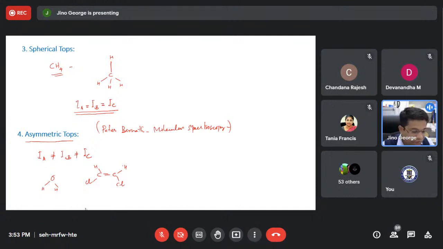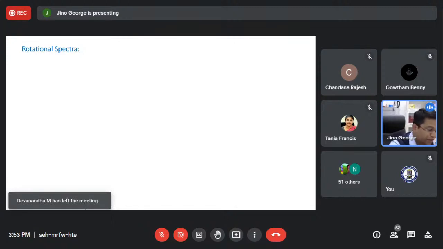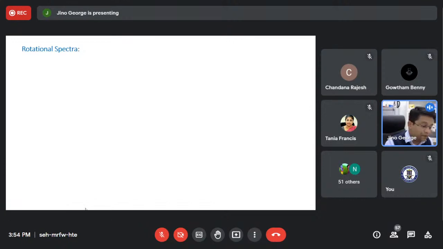So in the given time, I will explain very quickly. Time is going very fast. Since you are not very familiar with rotation, I will just bring in this idea of angular momentum. Like any other molecular energy form, rotational energy is also quantized, so it can only have definite values.